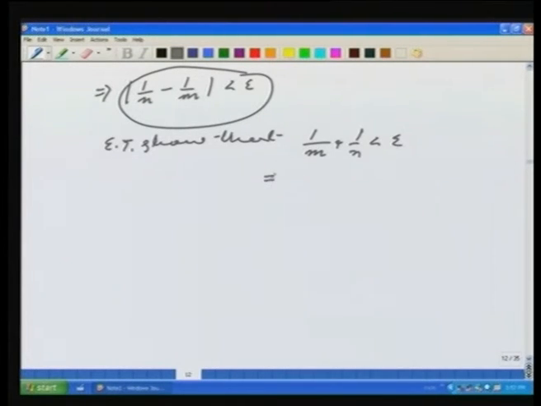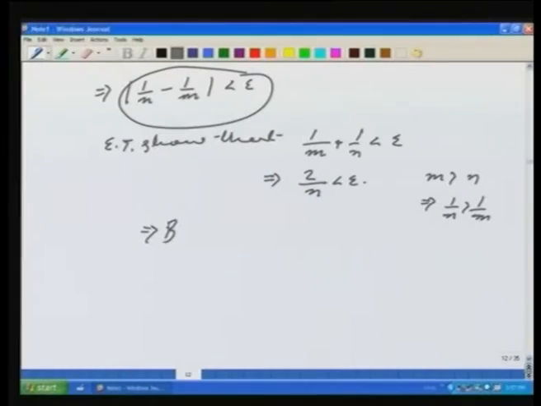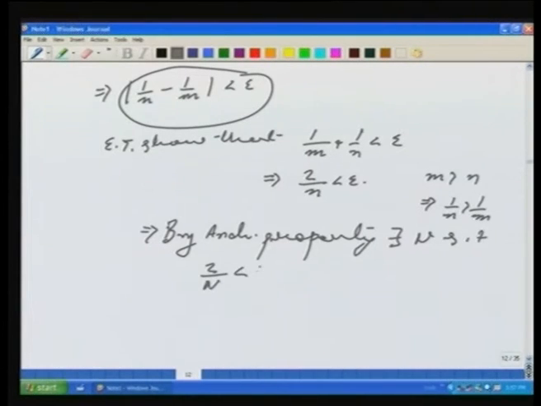This implies, if I assume that m is bigger than n, that 2 by n is less than epsilon. But I can always find such an n, again by the Archimedean property. There exists capital N such that 2 by capital N is less than epsilon, and that finishes the job.